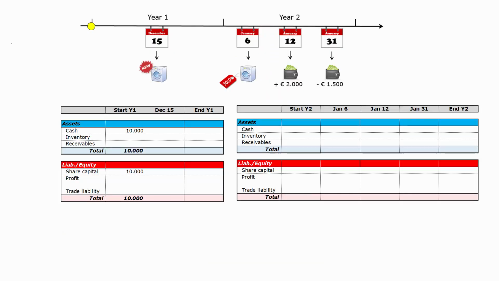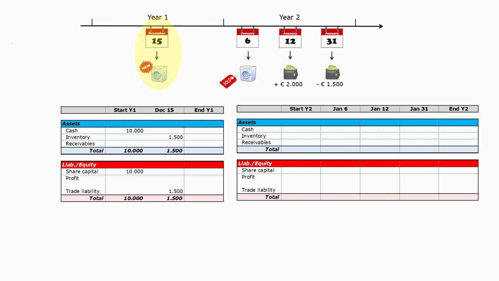Recording the transactions in the company's accounting system, according to the principles of accrual accounting, would lead to the following. As our starting point, let us assume a nearly empty balance sheet with owner's equity of €10,000 and the equivalent amount in cash.